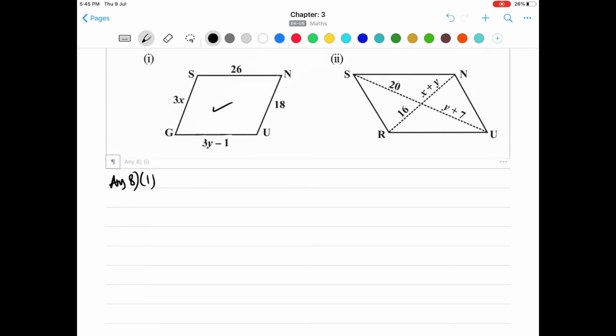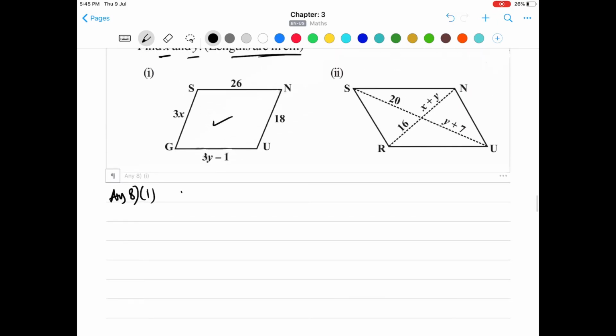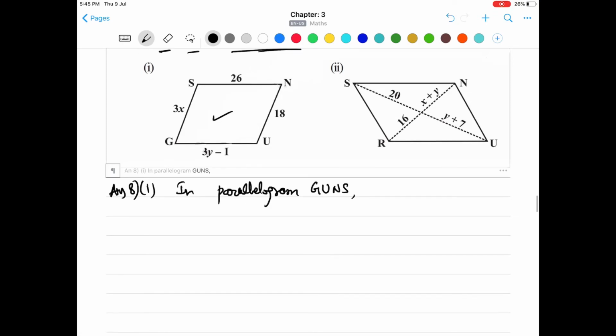From the property of parallelogram, we know that in a parallelogram the opposite sides are equal. That means the lengths of opposite sides are equal. So in parallelogram GUNS, side GS will be equal to side UN.